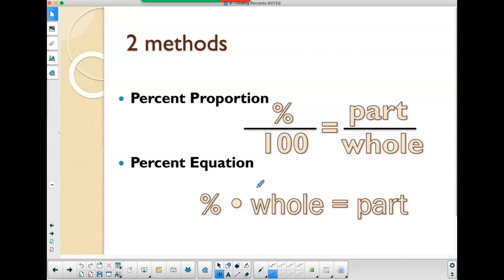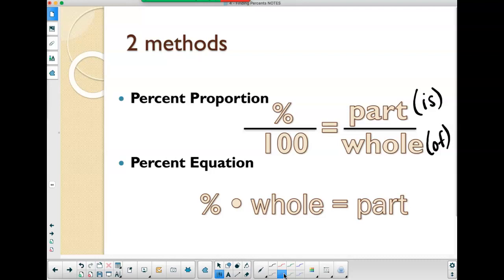When we're looking for the number that represents part, we always look for the word is. And whole is the word of. So kind of is and of. Really, we plug our numbers into that proportion and then we solve it. And we'll be missing one of the three numbers.